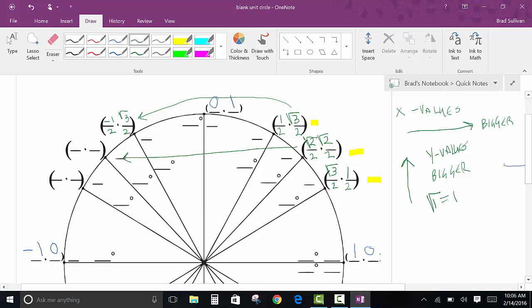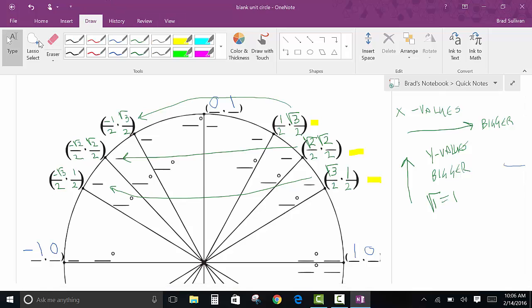If you move this point over here, the y value stays the same, so that's going to be square root of 2 over 2. This is now going to be negative square root of 2 over 2 like that. And then we can move this point over like this. Same thing, same y value. The x value just goes negative. So we get negative square root of 3 over 2 like that.